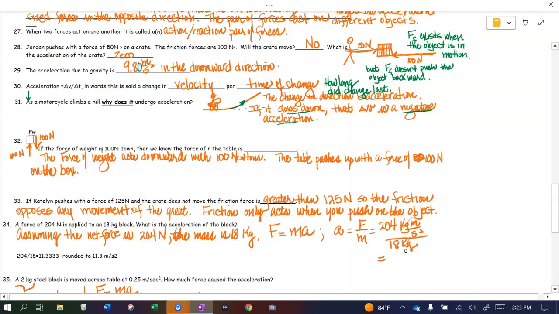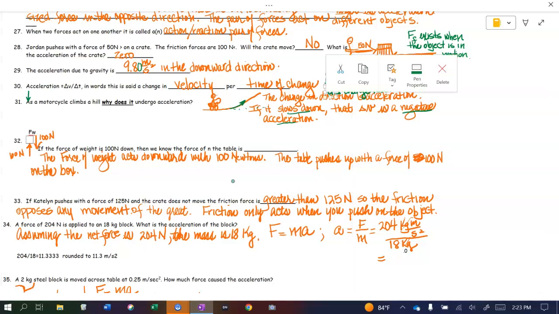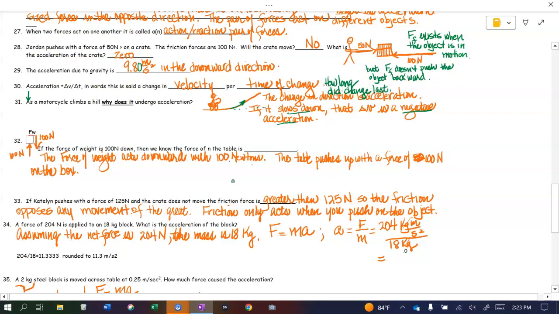All right, so if the force of weight is 100 newtons down, then we know the force of the table is up. The force of weight acts downward with 100 newtons. The table pushes up with a force of 100 newtons on the box.